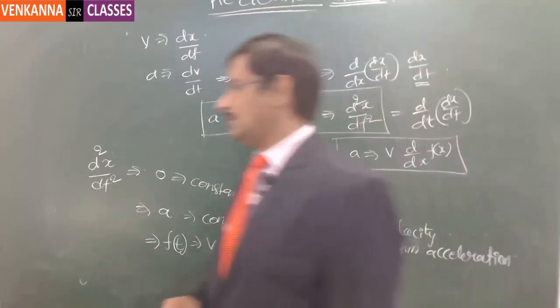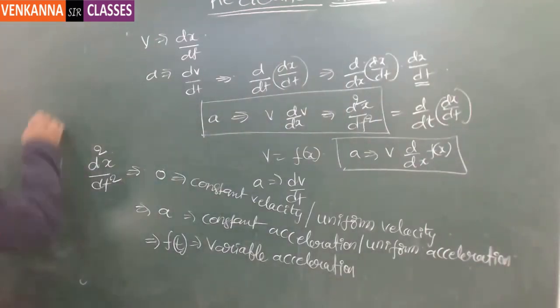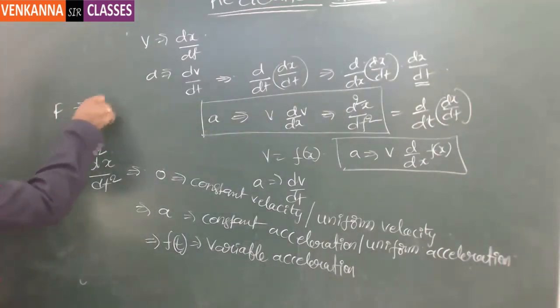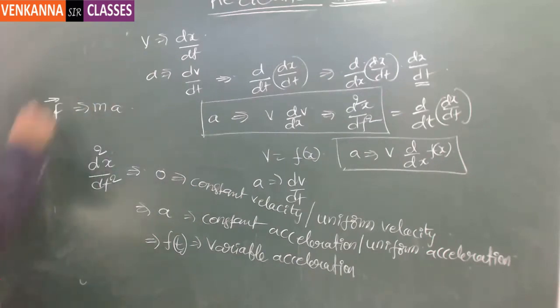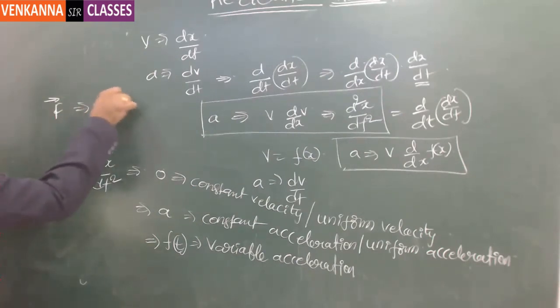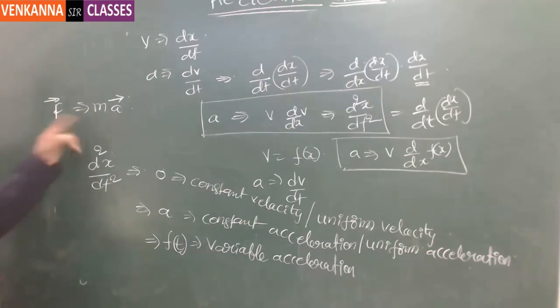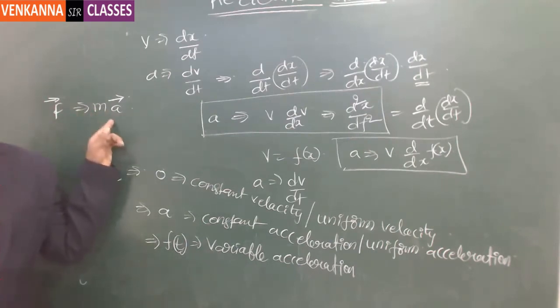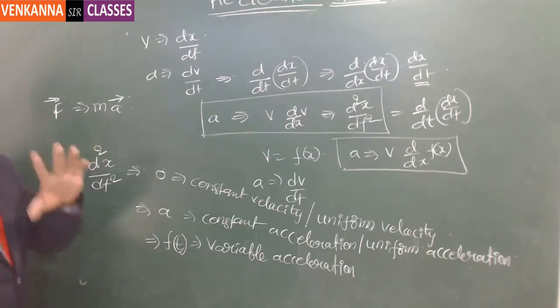As I said earlier, F is equal to ma, where F is a vector, m is the scalar, and a is the vector. F and a are always in the same direction, because scalar multiplication with any vector will not change its direction. So F direction and a direction are one and the same.